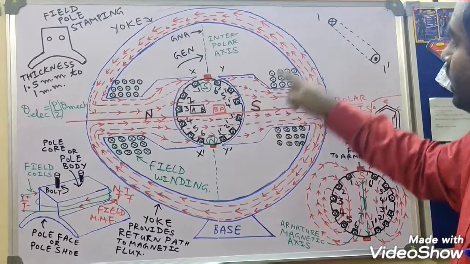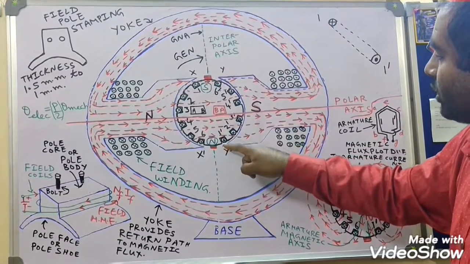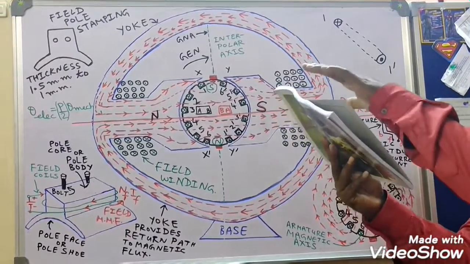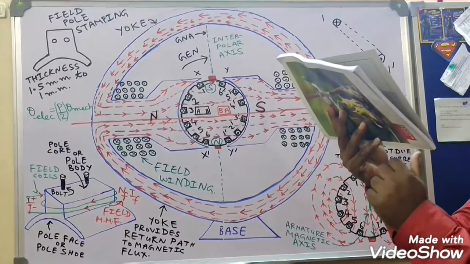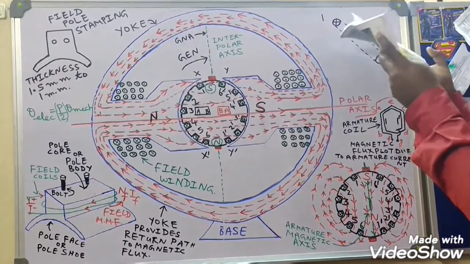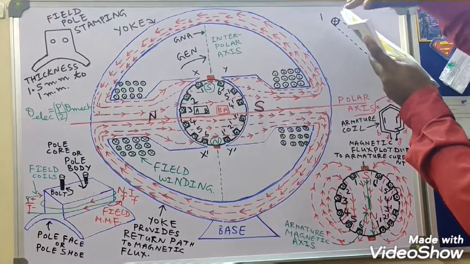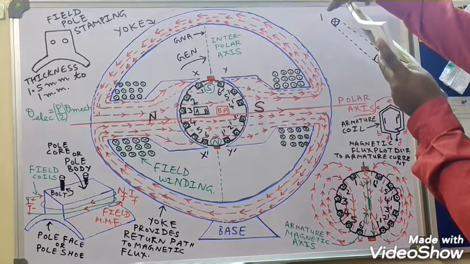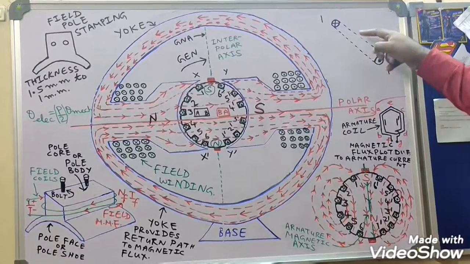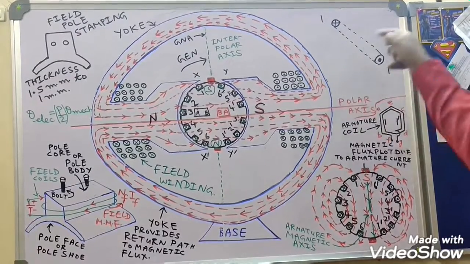So here cross. Coil side 1 dash is carrying dot current. So here dot. So let's say this is coil side 1 and this is coil side 1 dash. So this is the plane of the coil. Cross means current is entering into the board. Dot means leaving. So where is my thumb pointing? In this direction. So the magnetic axis for this coil will be in this direction.